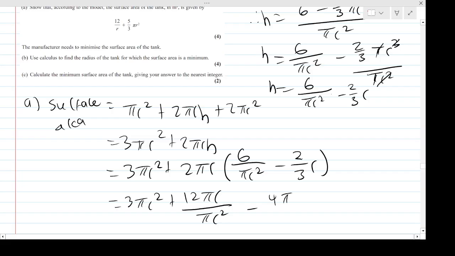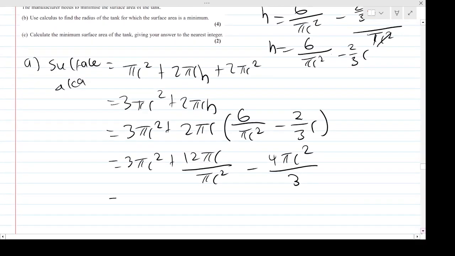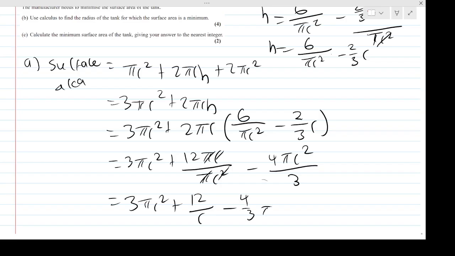And r times r is r squared over 3, okay? So 2/3 r times 2 pi r is 4 pi r squared over 3. Then I can simplify these fractions. So 3 pi r squared, then the pi r and the pi r down here cancel to be left with 12 over r. And then minus 4/3 pi r squared, okay?